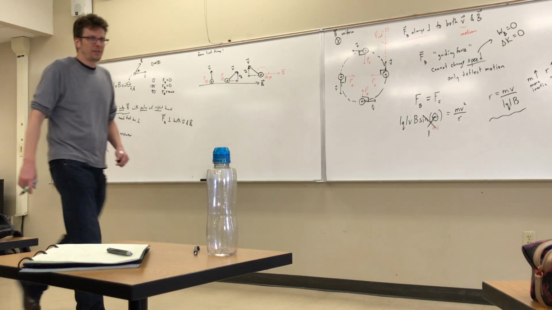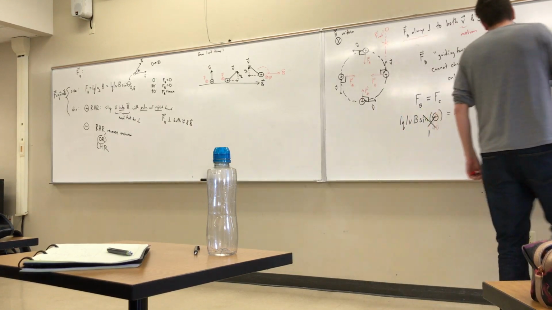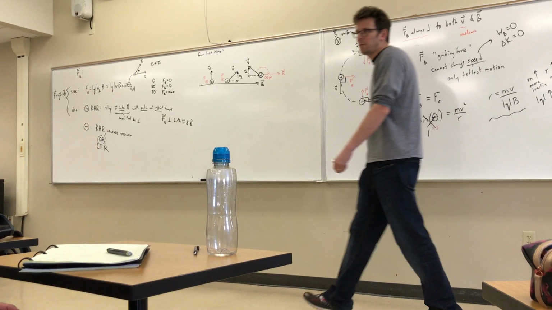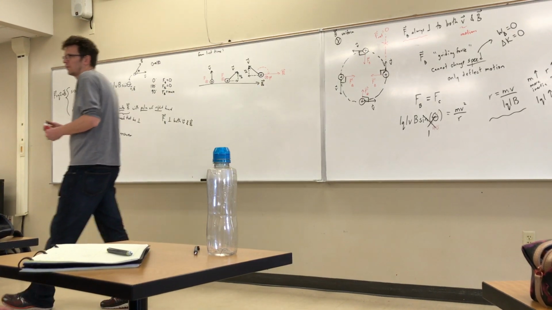So, what about the other factors? Let's take a look at Q. If you increase Q, what happens to the radius? Increases, decreases? Decreases. In fact, they're inversely proportional, right? So if you double the charge, you'll halve the radius.